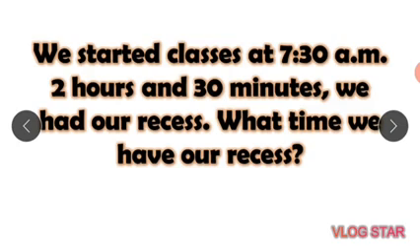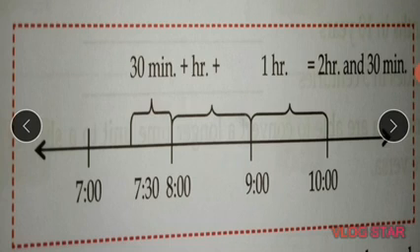Problem number 2: we started classes at 7:30 a.m. After 2 hours and 30 minutes, we had our recess. What time do we have our recess? So just simply add 2 hours and 30 minutes to 7:30 a.m. So 7:30 plus 2:30 is 10 a.m. But here's another way of solving that problem.